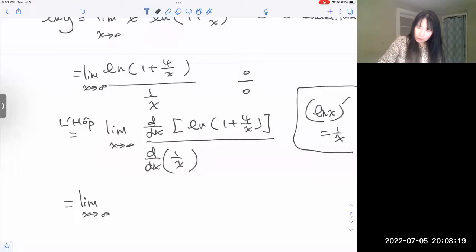It will be 1 over x as well, and then we apply the chain rule.